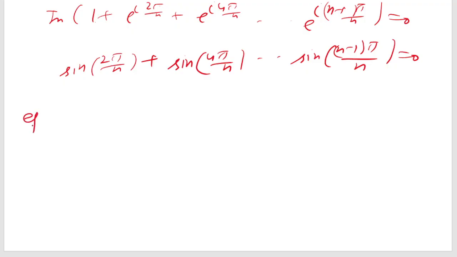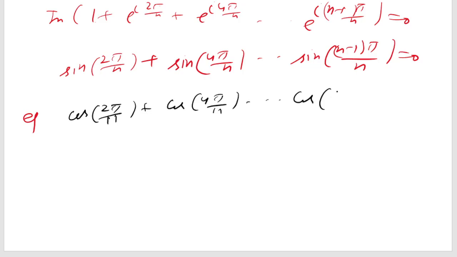Let's take one very basic example. If someone asks you what is the value of cos of 2 pi by 11 plus cos of 4 pi by 11, up to, let's say, cos of 20 pi by 11. Okay, what is this one? Clearly, here n is equal to 11, so what is n minus 1?